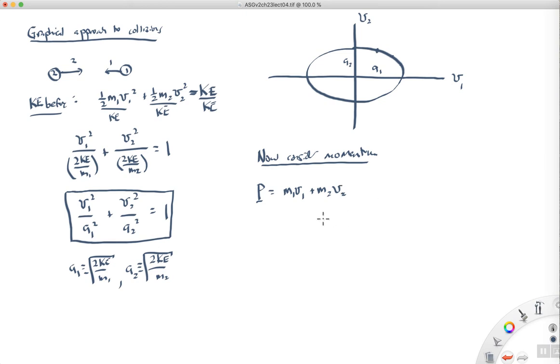And let's rearrange this formula a bit. So let's move this mass and velocity over to this side. So m1 v1, with a minus sign, the total momentum of the system, and that equals m2 v2. And then let's divide everywhere through by mass 2.